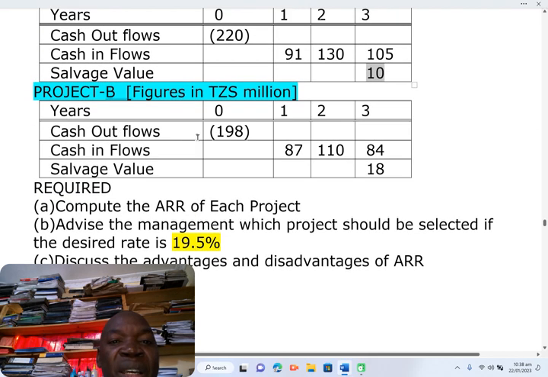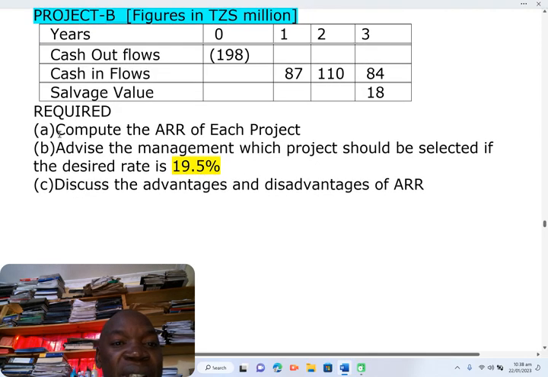Project B: the investment is 198, and the cash inflow is 87, 110, and 80. The salvage value is this much here.